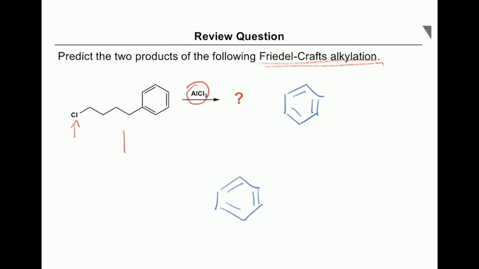The intermediate we're going to make after the aluminum trichloride addition is my benzene ring attached to a 1, 2, 3, 4 carbon chain. On carbon 4, immediately, will be a carbocation. Okay, that's one possible intermediate.